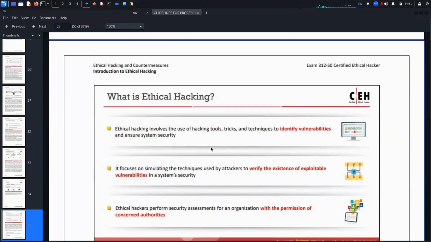Okay. Now, what is ethical hacking? Ethical hacking involves the use of hacking tools, tricks, and techniques to identify vulnerabilities and ensure system security. Right? So it focuses on simulating the techniques used by attackers to verify the existence of exploitable vulnerabilities in system security. Usually, the main concept of ethical hacking is that you will be testing a system rather than hacking a system.